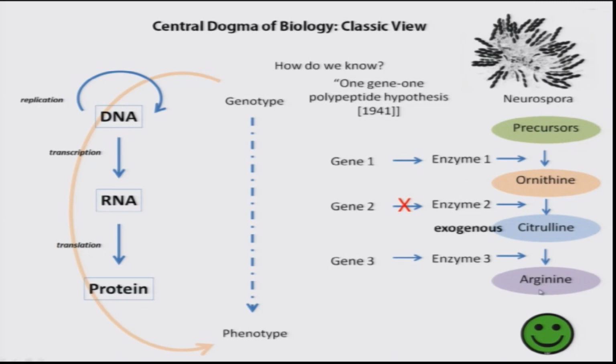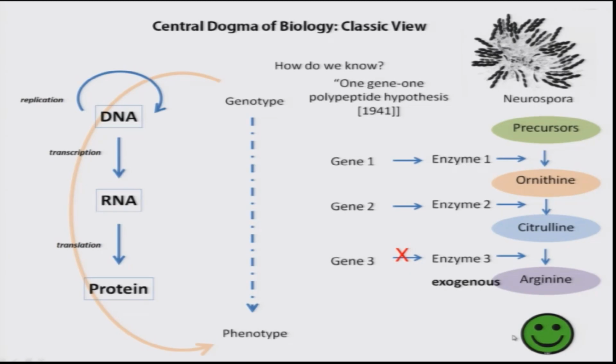Likewise, they were able to show that there are distinct genes, and that mutations or changes there affect how the enzymes metabolize each of the compounds, and therefore they are able to get the amino acid which helps the fungi to grow.